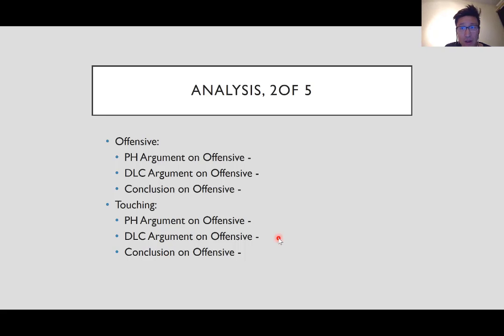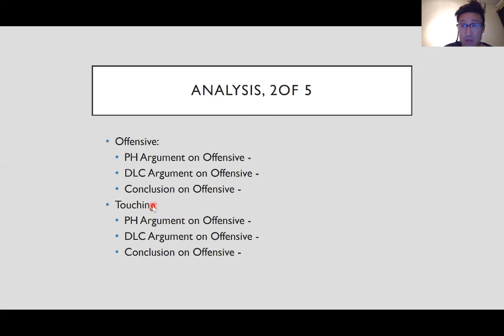If you didn't settle each argument within each element as you went along, you couldn't take care of this issue very quickly. You'd end up running through and talking about, well, PH can prove intent and offense, and then there was a touching, which is pretty obvious, and then you'd still have to go through all of DLC's arguments.